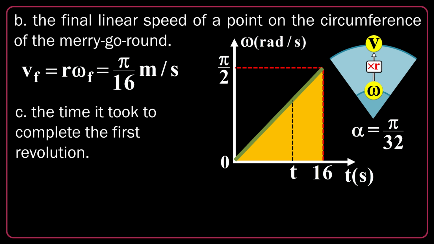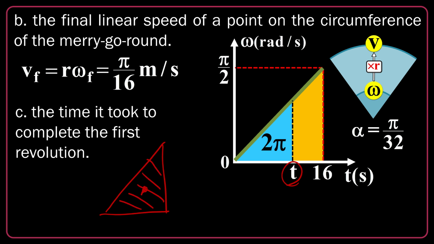So let's say there is a target time t, and the total angular displacement through that time interval will be 2 pi. It must be one complete revolution. Okay, I'm looking for this t. I have a triangle. The area of this triangle is a known value. I know this is 2 pi. And I'm looking for the horizontal side, the base.